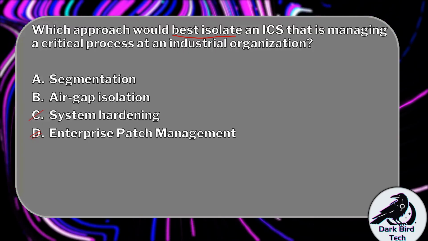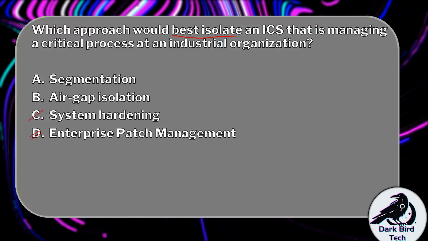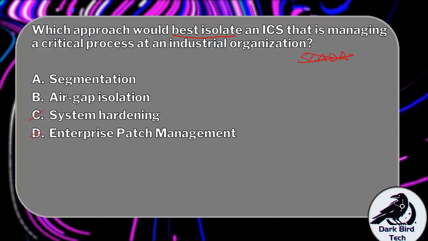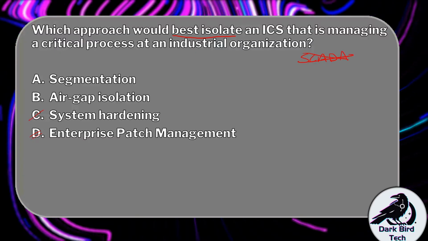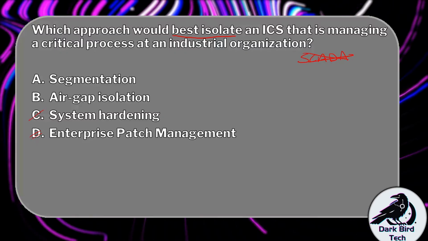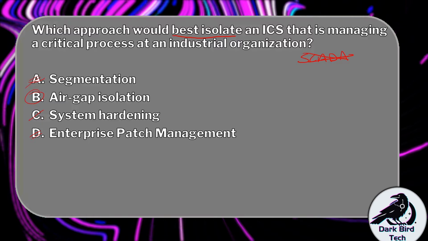How critical? I don't know, but it could definitely be the difference between life and death and environmental catastrophe and stuff like that. And they haven't mentioned SCADA, which means that I'm not worrying about something that actually coordinates and controls ICSs. So because of that, segmentation doesn't feel like a good idea. Air gapping feels like the better choice.